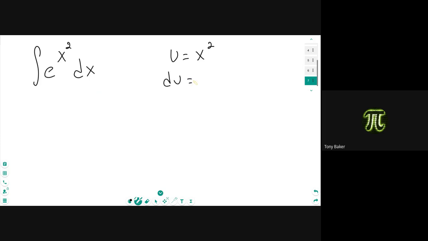So what's du? Do I have a 2x here? Yep. So as of right now, you cannot do this problem.